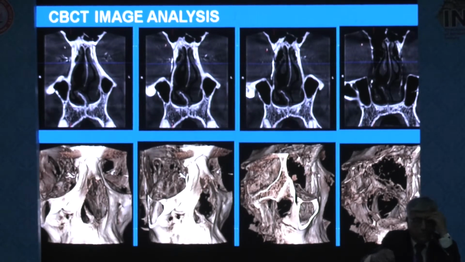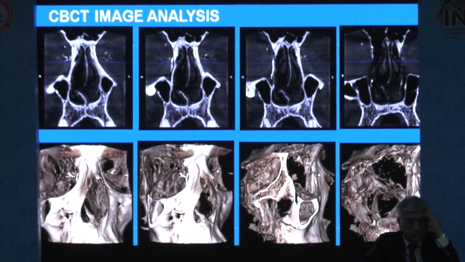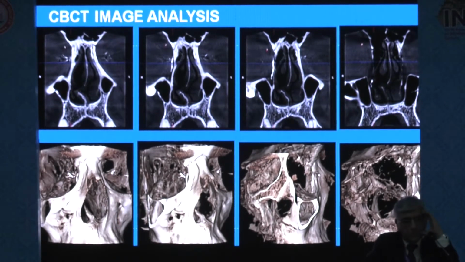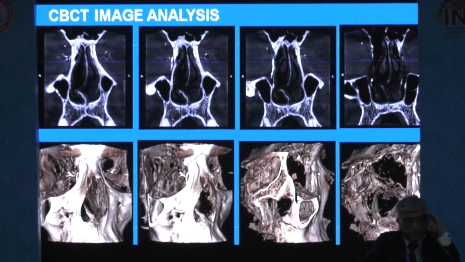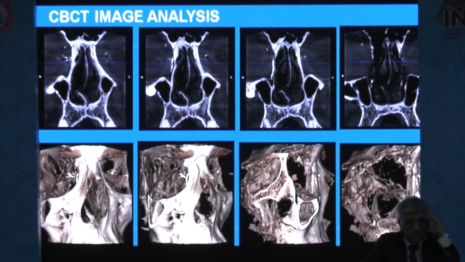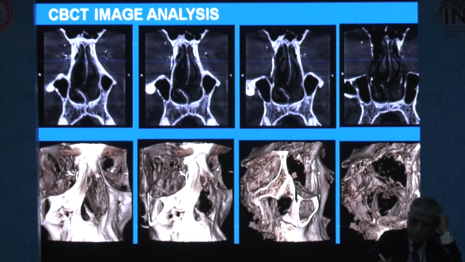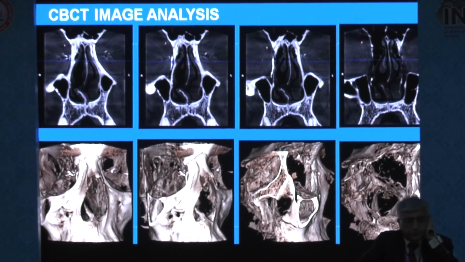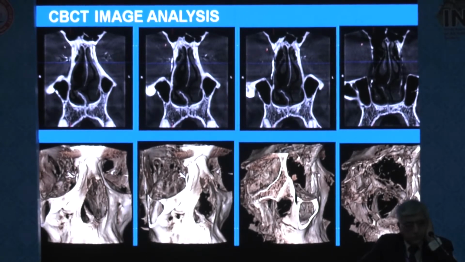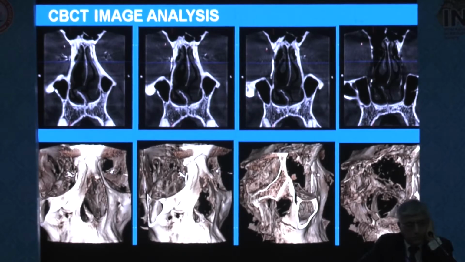Here are the coronal sections at different levels of the same patient, showing the flow of dye through the nasolacrimal duct, and these are the 3D images viewed from different angles. You can see the canaliculi, common canaliculus, sac, nasolacrimal duct, and even the intraosseous part of the nasolacrimal duct after skimming.